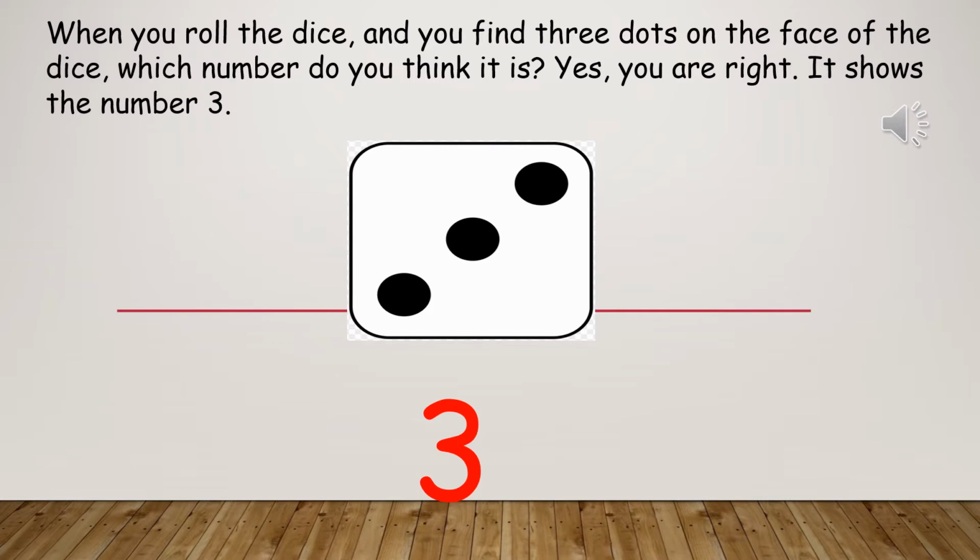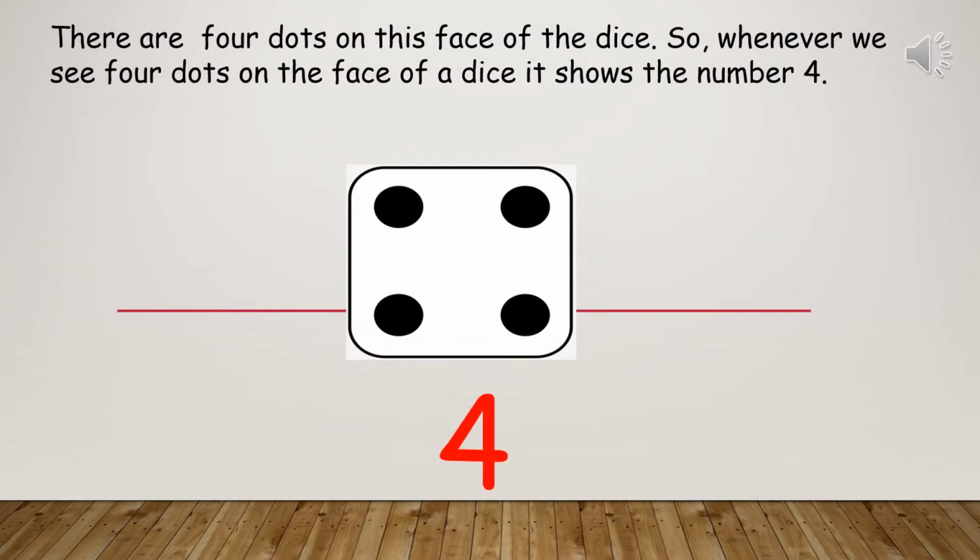Yes, you're right. It shows the number 3. There are 4 dots on this face of the dice. So, whenever we see 4 dots on the face of a dice, it shows the number 4.